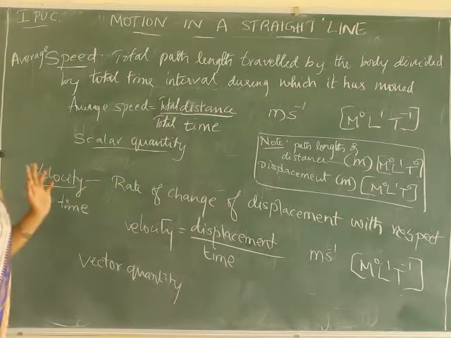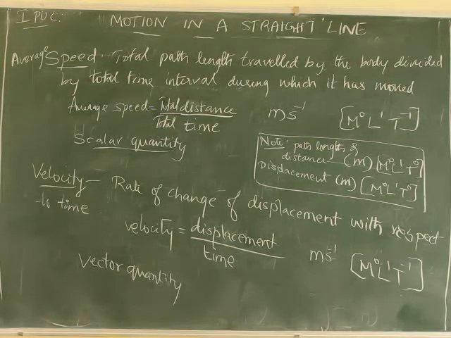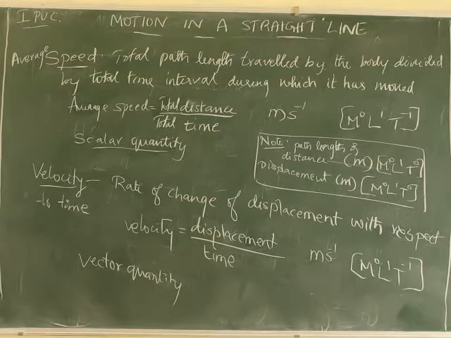Next, average velocity. What do you mean by average velocity? Average velocity means displacement of the object divided by the time interval during which it has moved, or it is defined as the ratio of the displacement of the body to the time interval in which the displacement occurs.